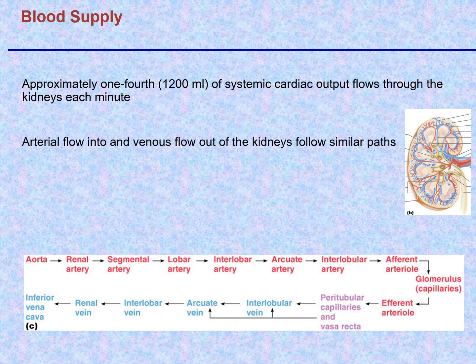I remind you, cardiac output is determined by stroke volume times heart rate, which normally would be roughly 4.8 or 5 liters per minute. Approximately a quarter of that blood output would flow through the kidneys every minute. So the blood is constantly flowing through the kidney and undergoing a filtration process, which we'll describe soon enough.